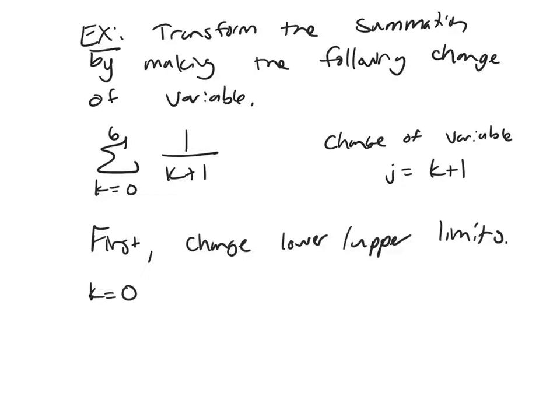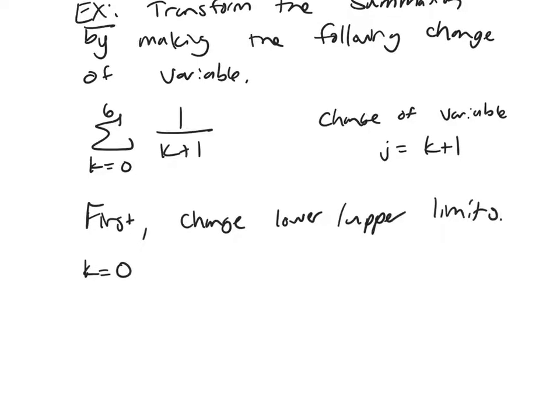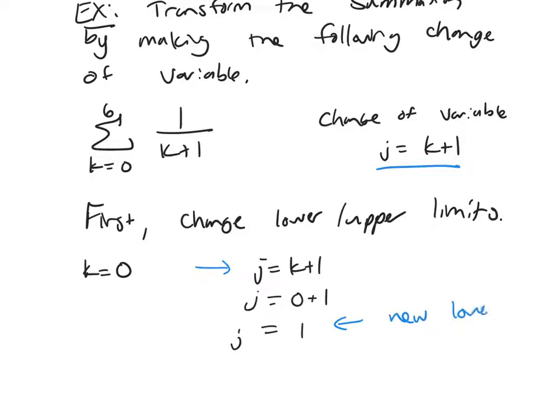We've got to find our new lower limit in terms of j. So we're going to use our change of variable equation right there. j is k plus 1. So I'm going to plug in k equals 0 into that to get my new, this is my new lower limit.